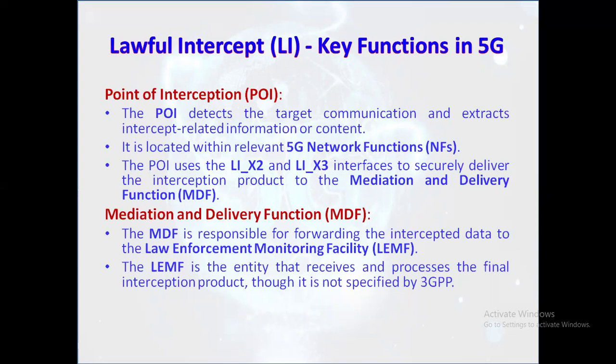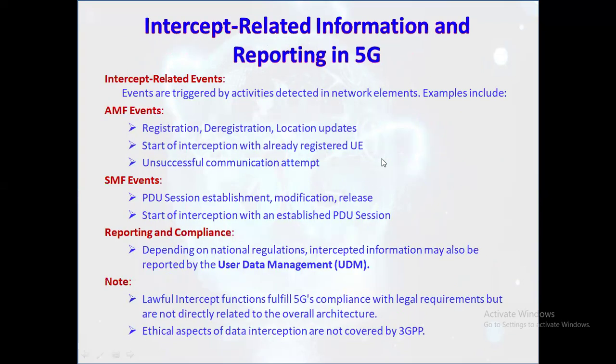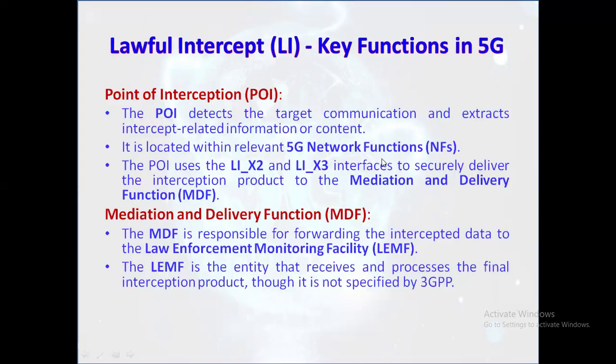This functionality is embedded within the key 5G network functions, NF, ensuring that the interception can occur at appropriate points within the network. The POI uses the LI_X2 and LI_X3 interfaces to securely deliver the intercepted data to the next stage in the process, the mediation and delivery function, MDF.